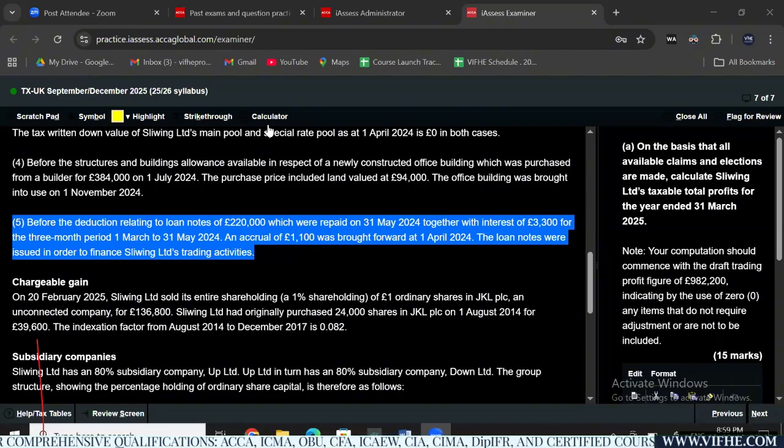What do you think, whether the loan note repayment should be treated as a capital activity or a revenue activity? Acquiring a loan, let me just tell you, acquiring a loan is a capital activity. What about loan repayment?